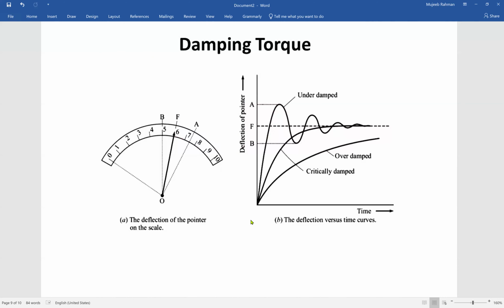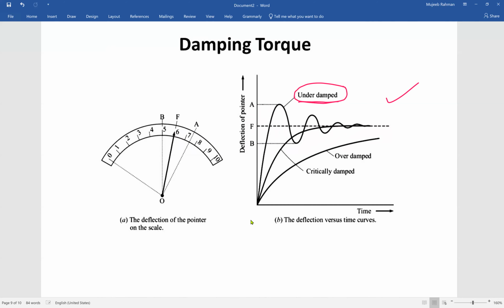Now we are talking about the mechanism. This we have already said. There are three types of mechanisms. One particular mechanism is called the underdamped system. This means that the provided damping is not enough. F indicates the final steady state position.